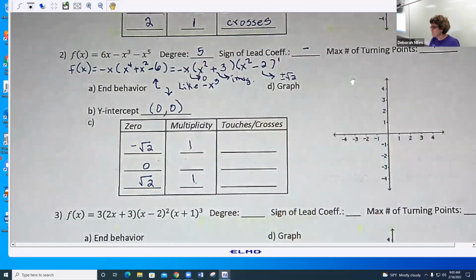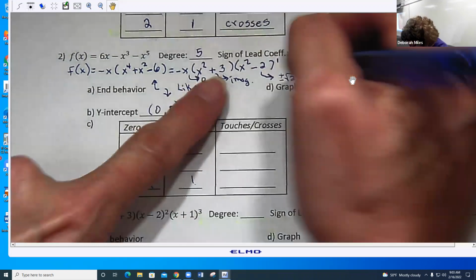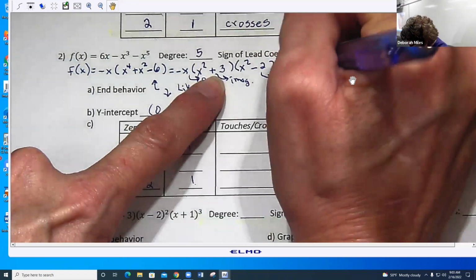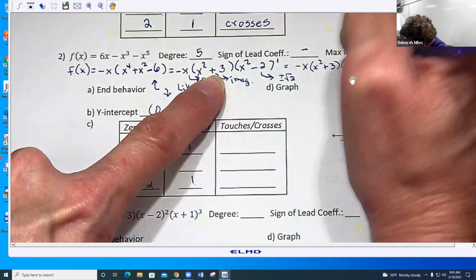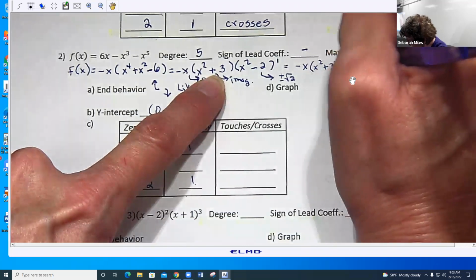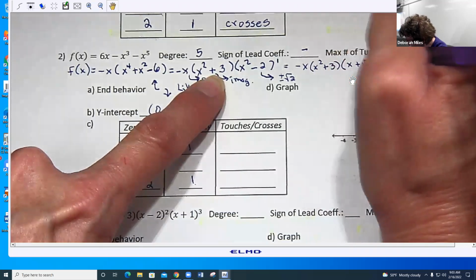Yes, Ms. Chastity. And we're actually going to write it like that in 2.5 tomorrow. Yeah, if you wanted to take this further, you could go negative x times x squared plus 3 times x plus square root of 2 times x minus square root of 2.